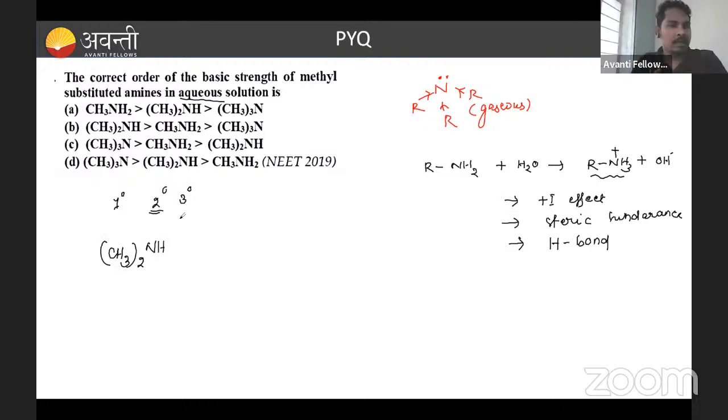After that, it depends on the R group. If the R group is small like methyl, then steric hindrance is less.